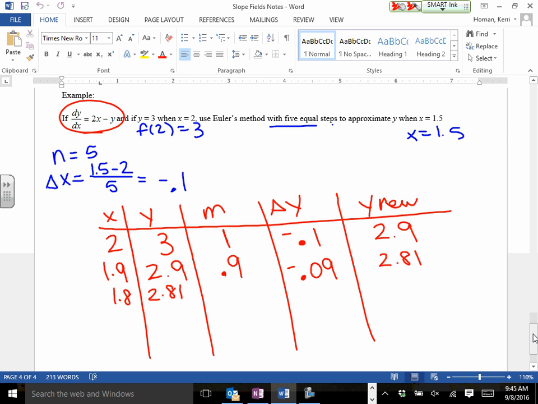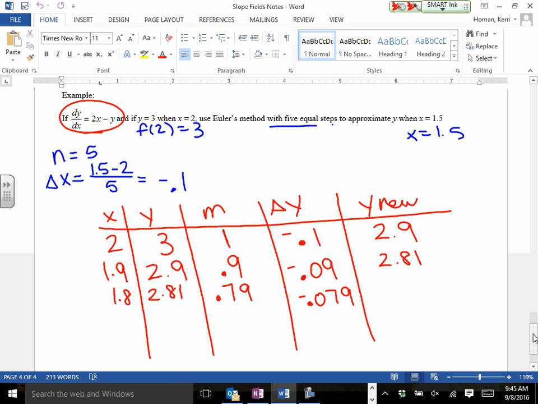Okay. So now we're at 1.8, 2.81. What's our new slope? Great. Multiply our slope times delta x to get delta y. It's a nice multiplication, right?